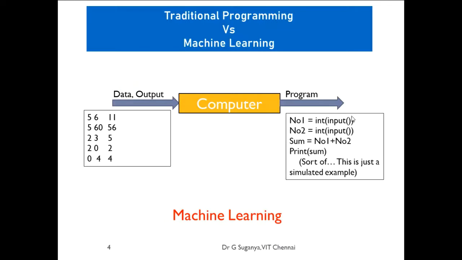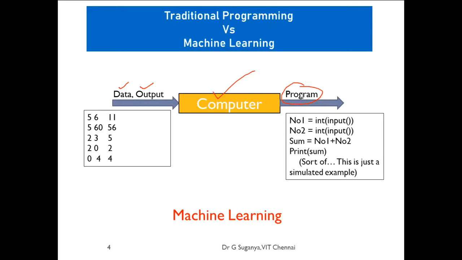In contrast to this, what will machine learning do? To a system which operates using machine learning, we don't need to give the program as input. Rather, we give a collection of data along with the output as the input. These data along with the output will be analyzed by this system using different intelligent learning algorithms, and a program will be computed for it.